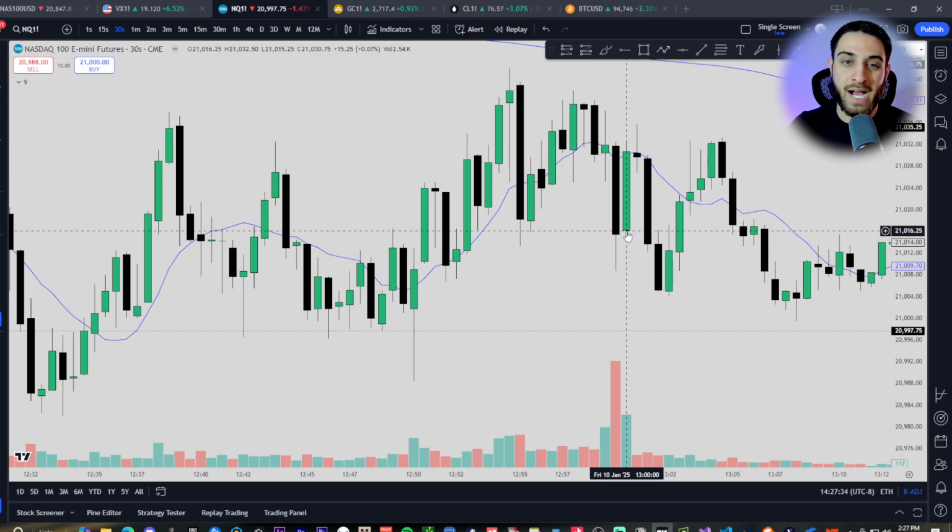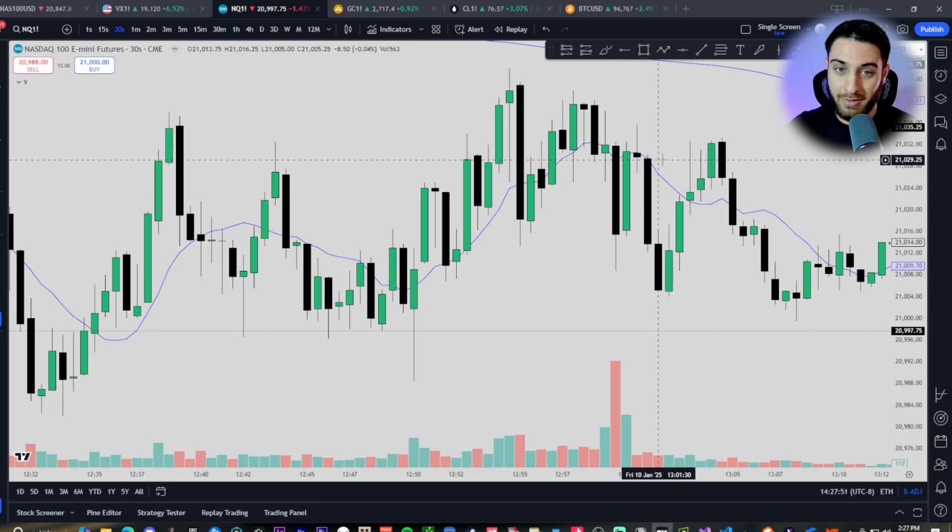Okay, because for every buyer there needs to be a seller, and if the price moves up, that means the buyers are more aggressive and they're able to push the price higher. They're looking to purchase more orders at worse and worse prices because they're stronger. They're more aggressive than the sellers. Or if the sellers are stronger, like in this candle, they're going to push the price down because they're willing to get in on positions at a worse and worse price.